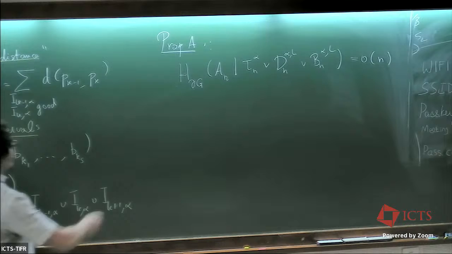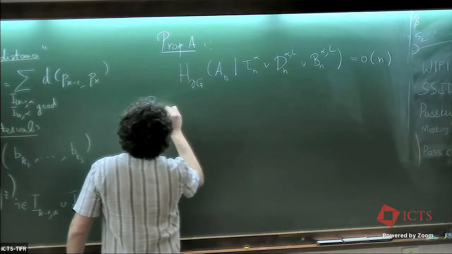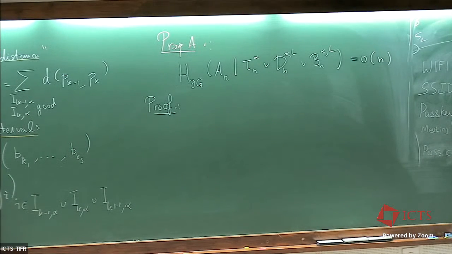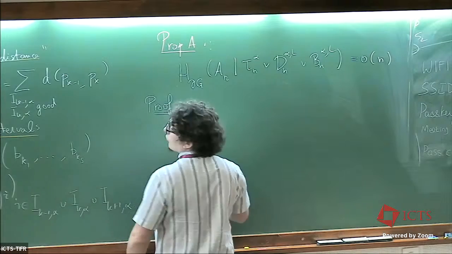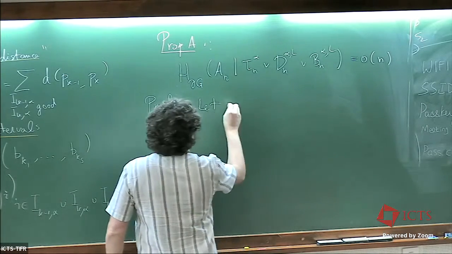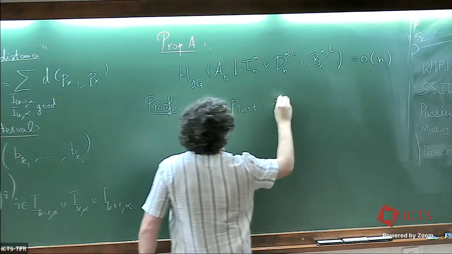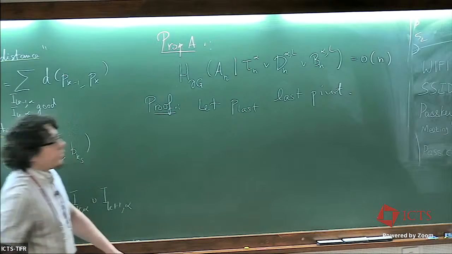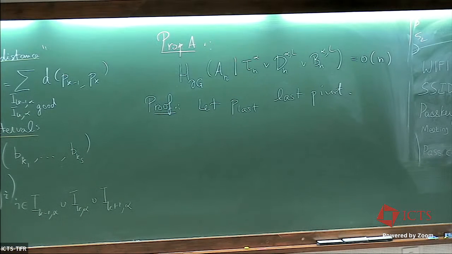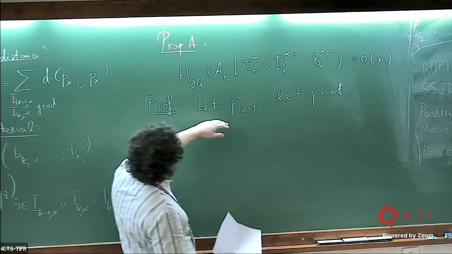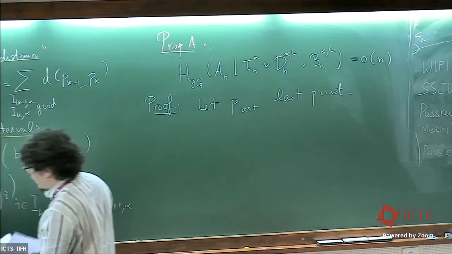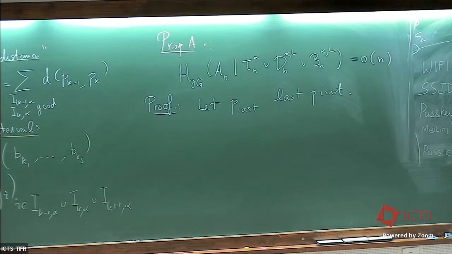Okay, and so the proof of that is as follows. So here's the picture. So the picture maybe we can call P last the last pivot. So we need to do two things. So we need to recover the last pivot first, and then we recover the walk next. Okay? So how well can we recover the last pivot?